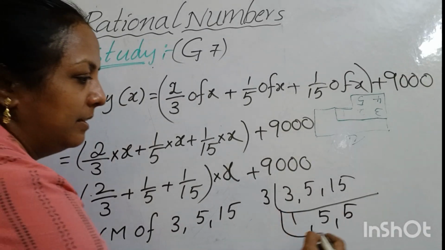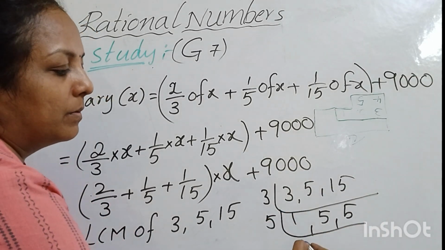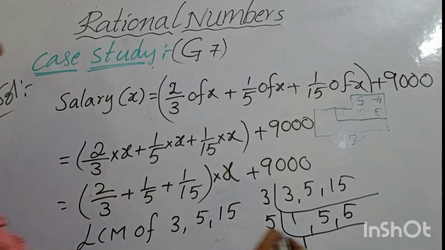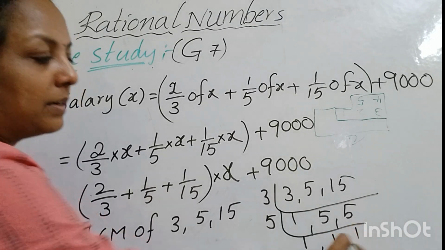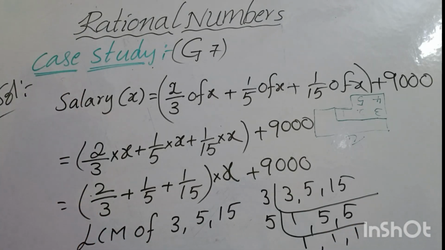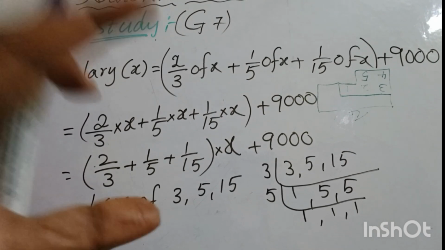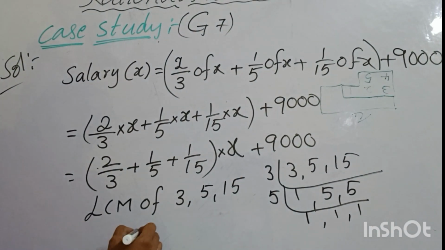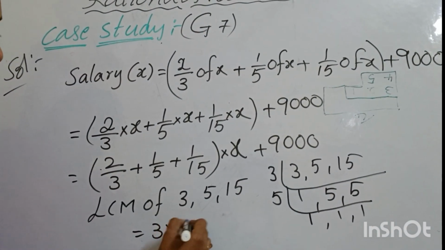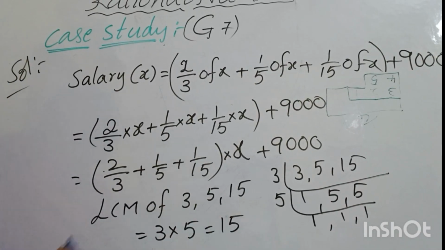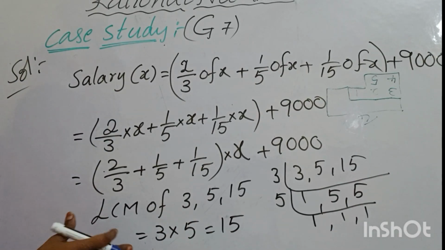Next again 5 table, 1 as it is we have to write, and this is 1 time. So how much is the LCM? Now we need to multiply, right? So 3 into 5, how much? 15. Okay, clear? Till here everyone clear, children?